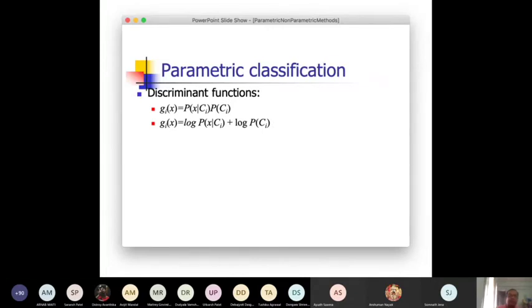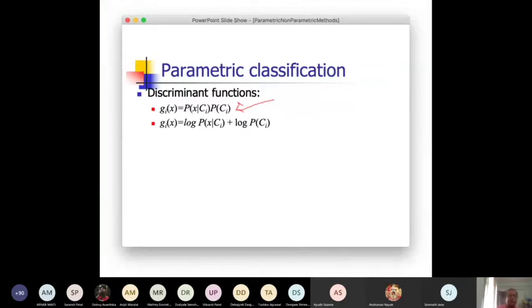There are different forms of discriminant functions. Continuing from the previous slide, you can see that I'm using the numerator of the posterior computation of this Bayesian decision process. You can also use the logarithm, because log is a monotonically increasing function.